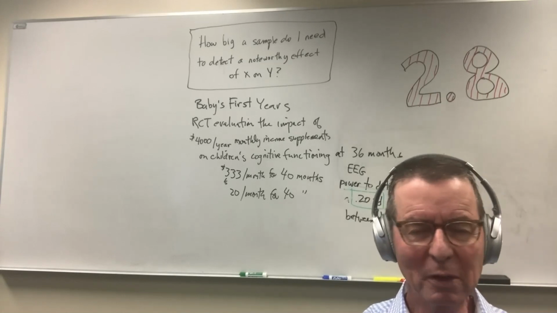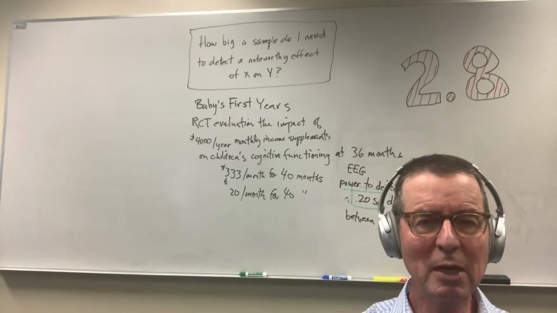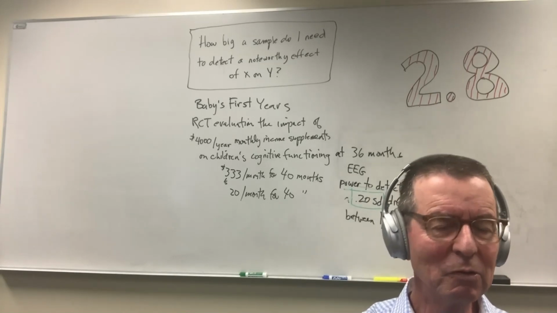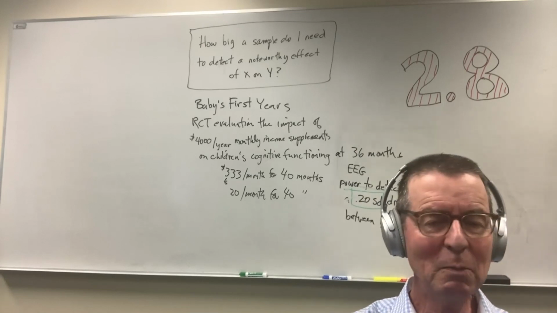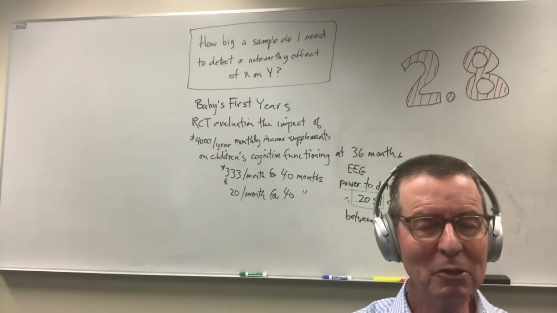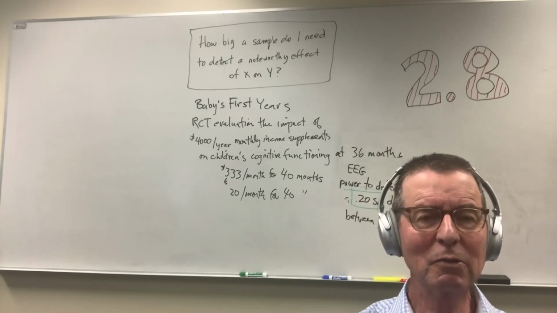Again, I don't care what the coefficient is for child gender differences. I just want to know what the standard error is. And that standard error on 800 cases, if multiplied by 2.8, should give me the same result that the G-power calculation does. And in fact, it does.